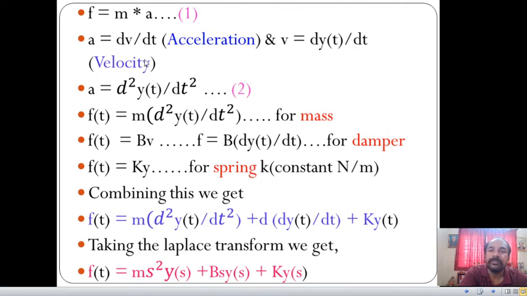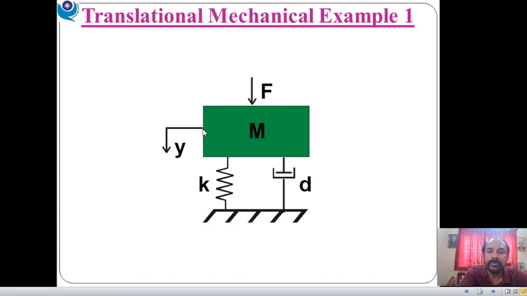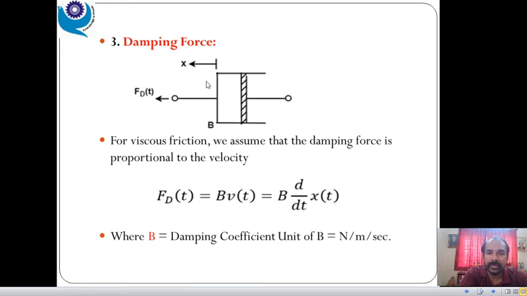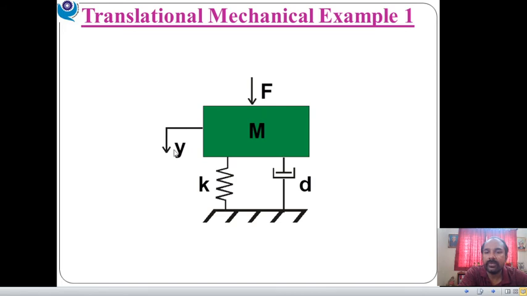So here displacement is given by y of t, and in the previous case we have taken the change in displacement as x of t. These are simple notations, you can take any kind, it's not a standard one. Here they have taken x of t, here we have taken y of t, right?